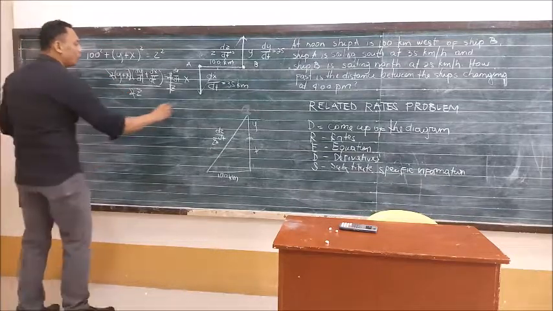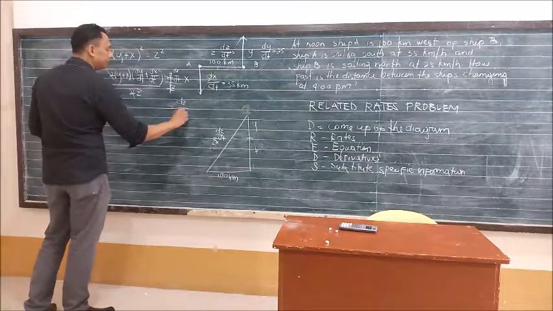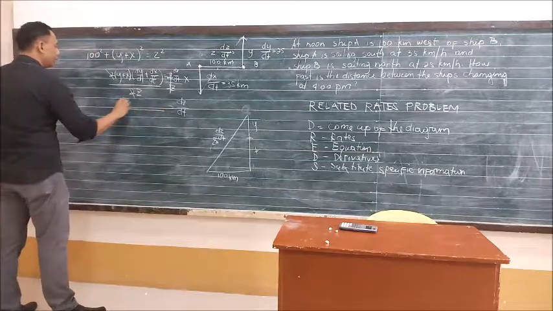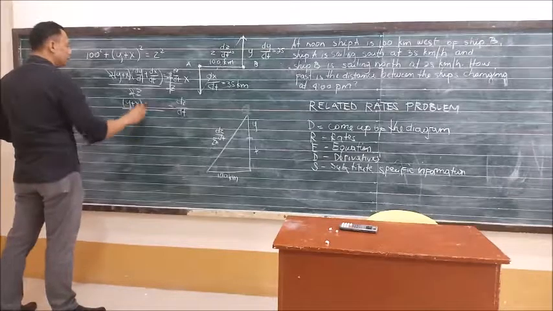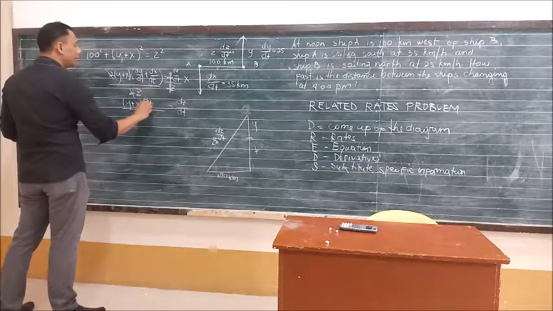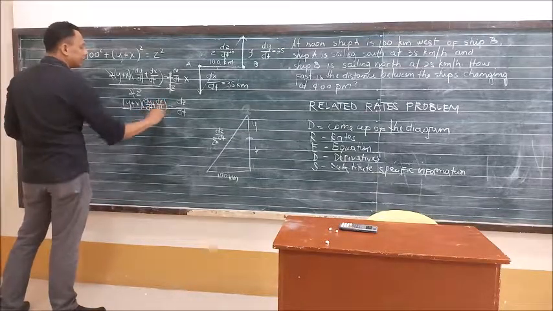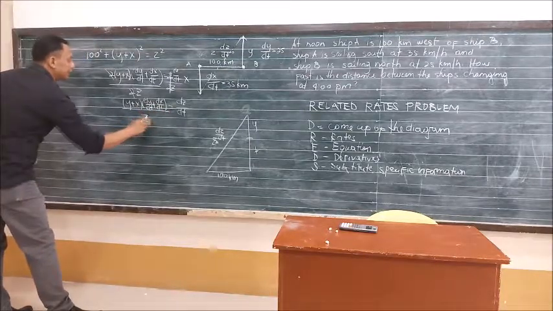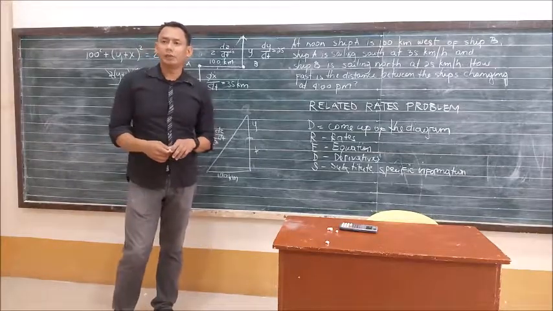Then the remaining is dz over dt, which is equal to (y plus x) times (dy/dt plus dx/dt), over z. So we are done with the diagram and labeling rates.